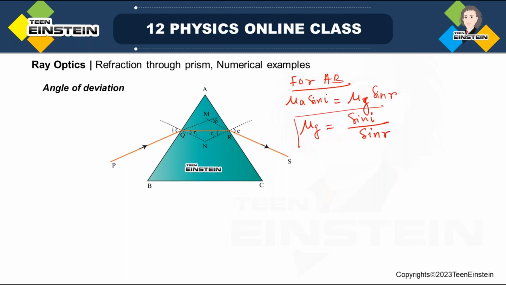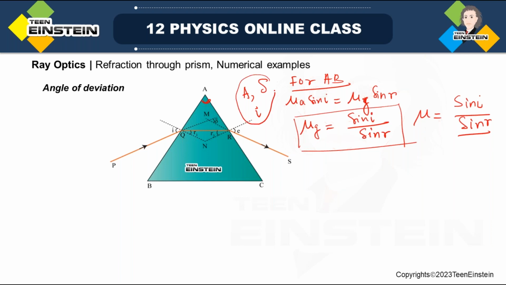In general, we have to find this mu in terms of the angle of prism A and delta, and the known thing is this angle of incidence.